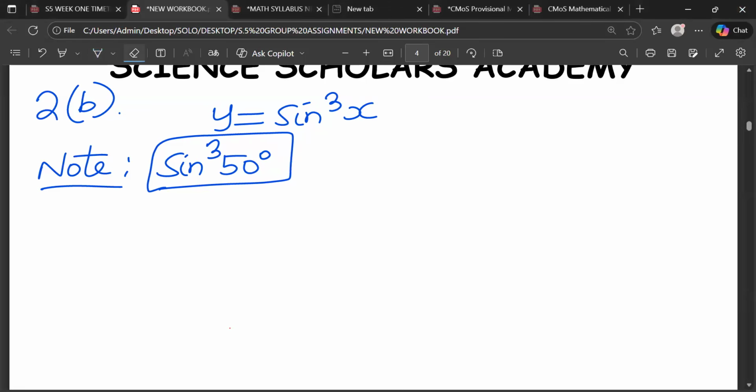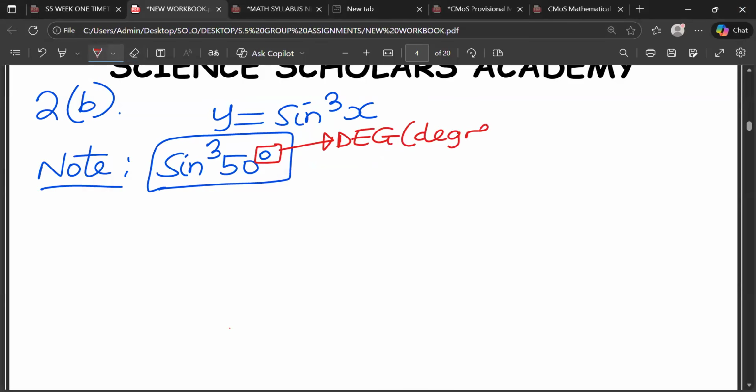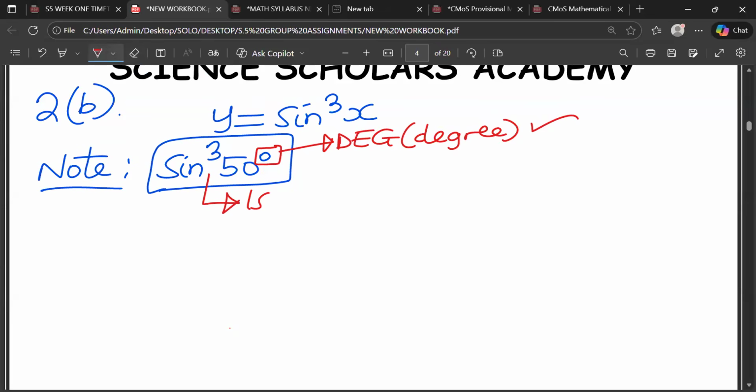So first things first, the mere fact that this is a degree means your calculator should be in deg. That is one. Calculator should be in what? In degree, abbreviated as deg. Now I want you to understand that that one is written like that. Let me give you lifetime mathematical guidance.